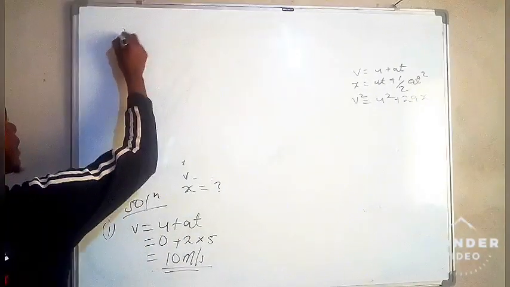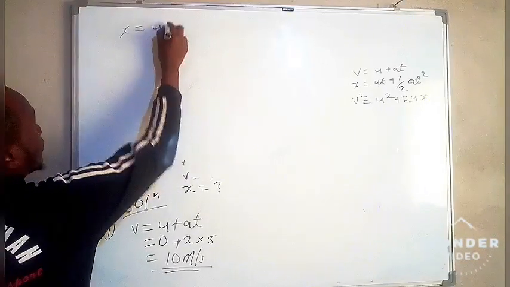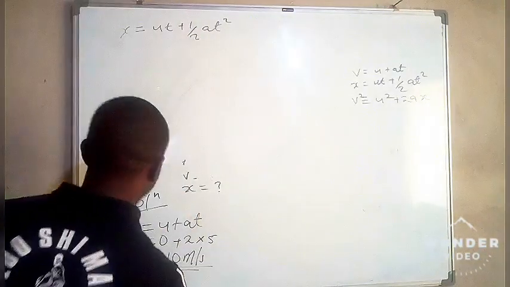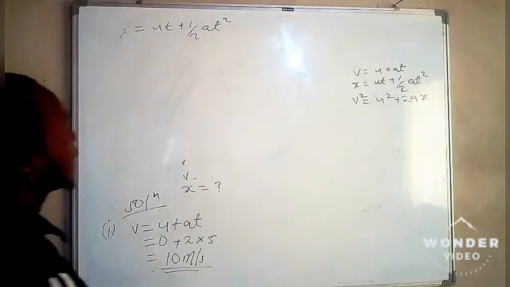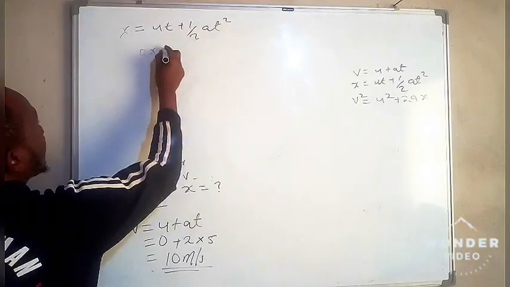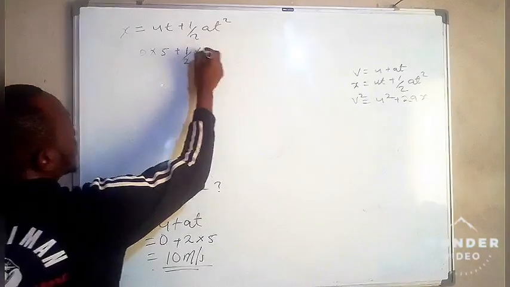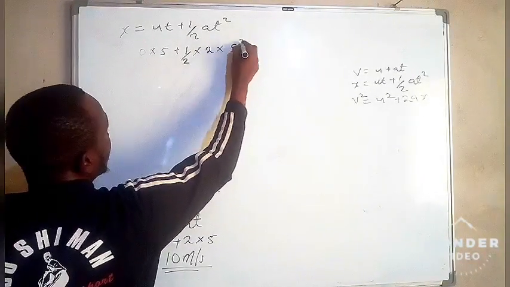Let us begin with our second equation, which is ut plus half at squared. We've been given u, which is 0, so 0 times t, our t is 5, plus half, our a is 2, times our time, 5 squared.